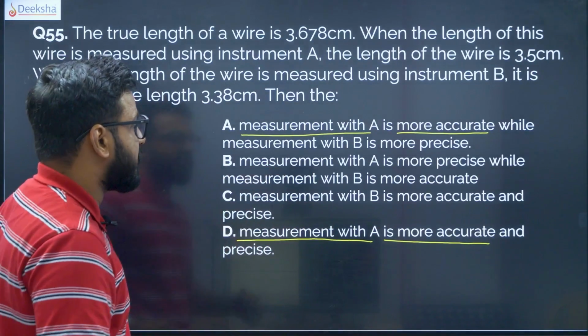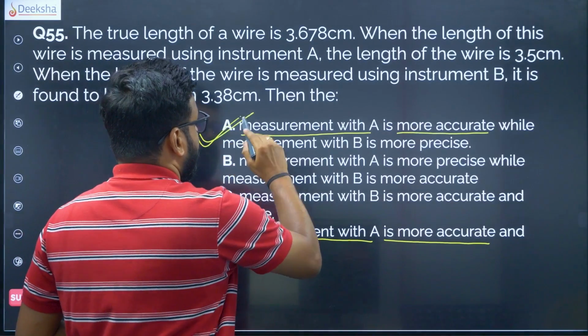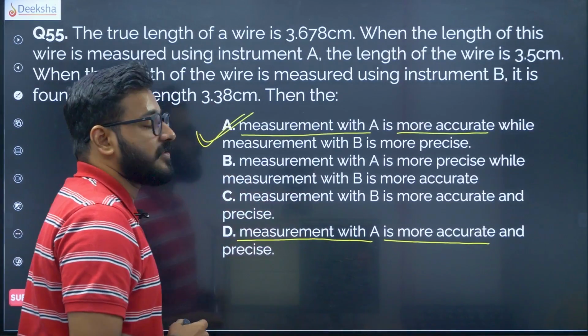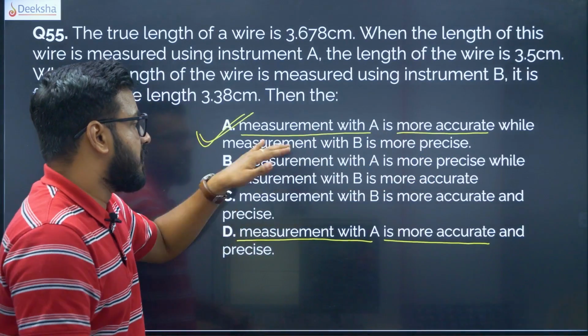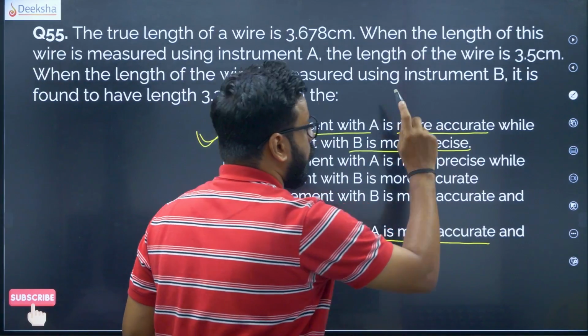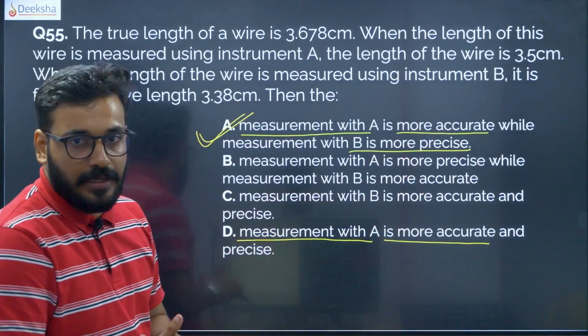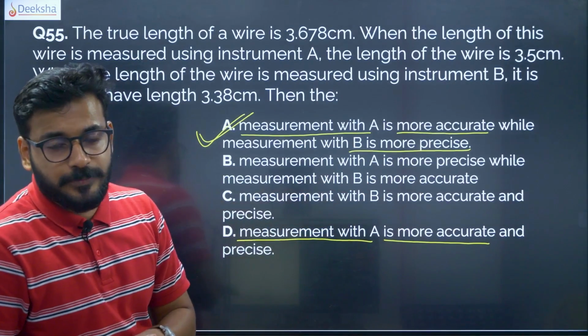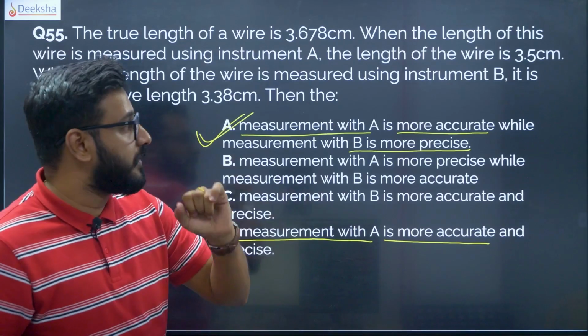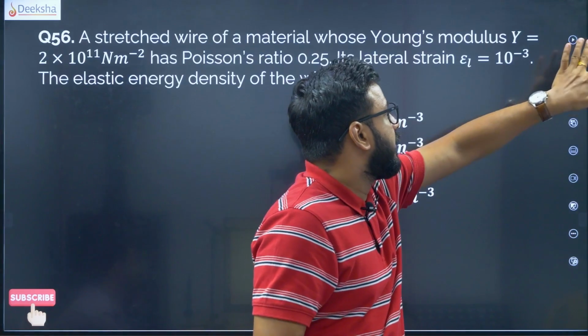So that is precise, and that is option A, where measurement B is also more precise. So the correct answer is measurement A is more accurate, measurement B is more precise. Absolutely correct answer. A very simple question. You just need the concept of accuracy and precision. Let's look at the next question.